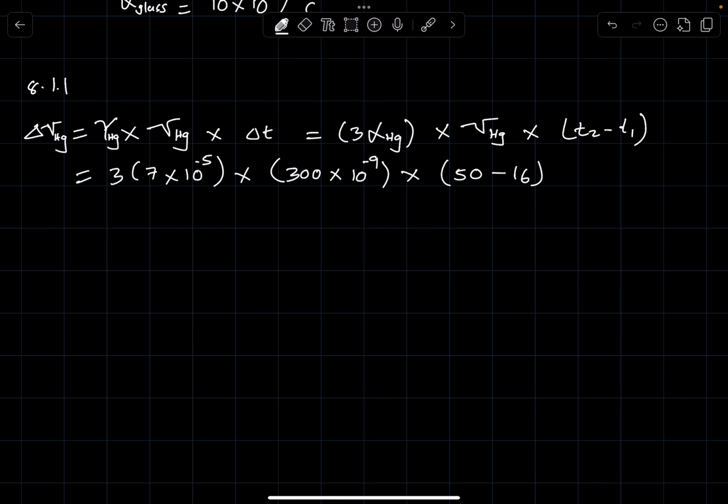Punching this in our calculators, 3 times 7 times 10 to the negative 5 times 300 times 10 to the negative 9 times 50 minus 16, I am getting 2,142 times 10 to the negative 9 cubic meters.